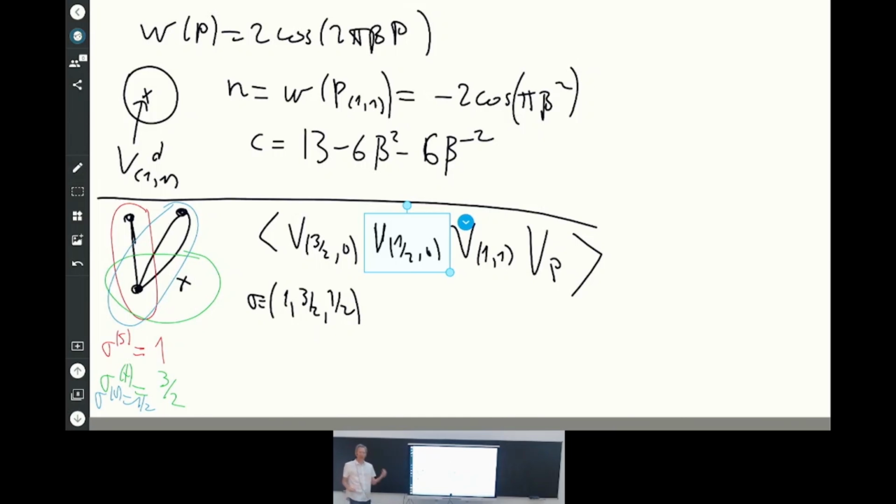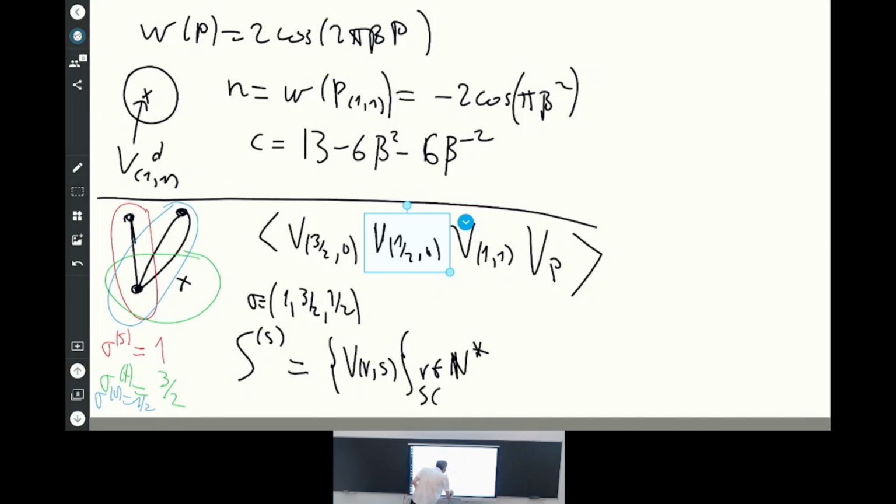Now, at the level of bootstrap, the interpretation is that the spectrum of this 4-point function in the S channel will be the set of non-diagonal fields, V_RS, where R has to be larger or equal to the signature. So R bigger than or equal to 1, which means R is a strictly positive integer, and S is whatever it is.